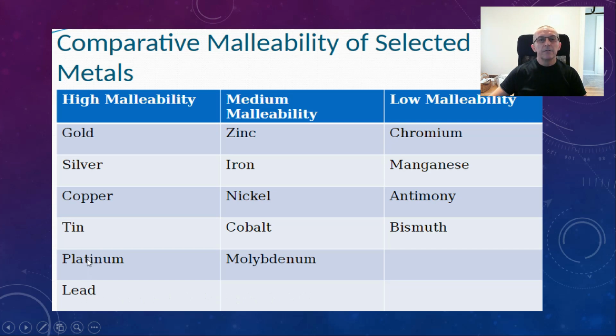So even though lead has a medium ductility, it has a high malleability. So it can be ductile to a degree, but it has a higher malleability because it's easier to deform under compression. Low malleability metals are chromium, manganese, antimony, and bismuth. And these, since they are low malleability metals, will break easier.